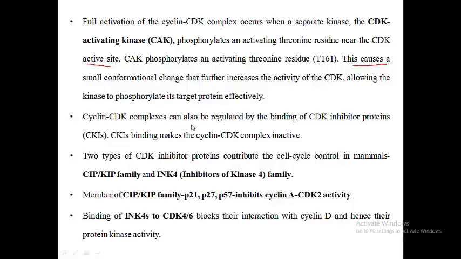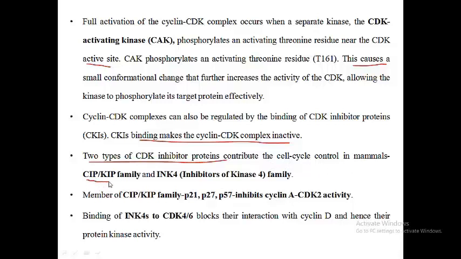Cyclin CDK complexes can also be regulated by the binding of CDK inhibitor proteins, CKIs. The CDK inhibitor protein binding makes the cyclin CDK complex inactive. Okay. Two types of CDK inhibitor proteins contribute to cell cycle control in mammals.